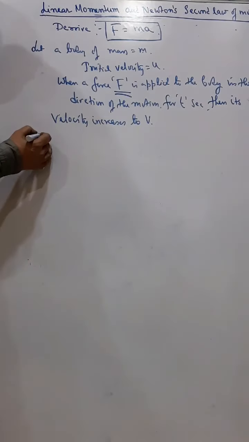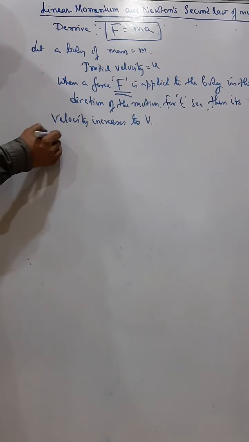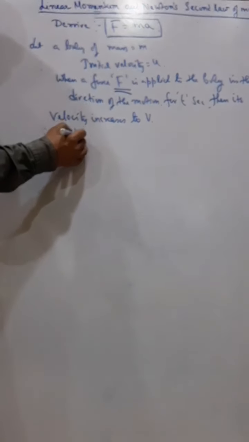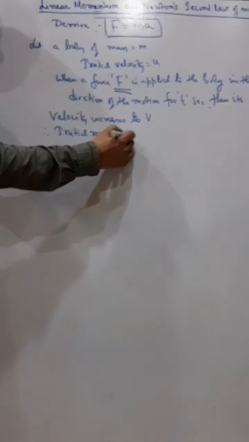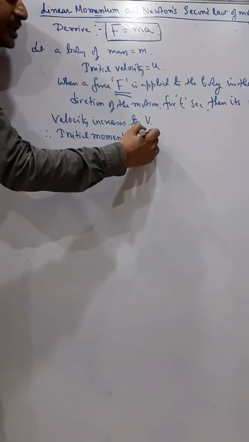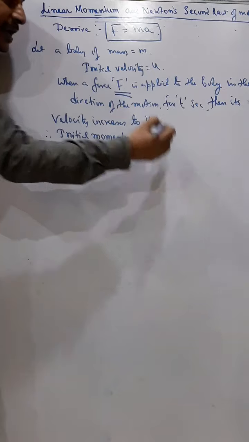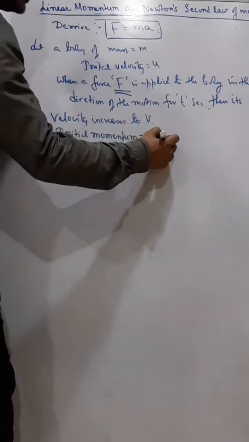So now from here what we can say is that the initial momentum of the body will be what? Initial momentum of the body will be mu, mass into initial velocity.